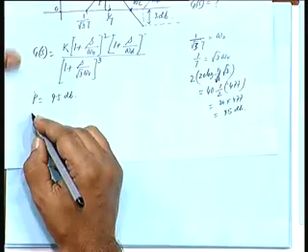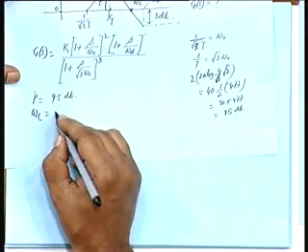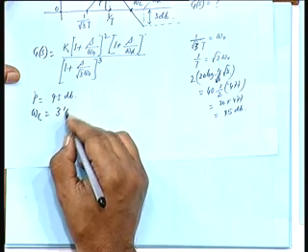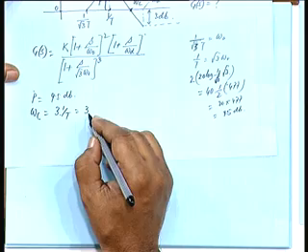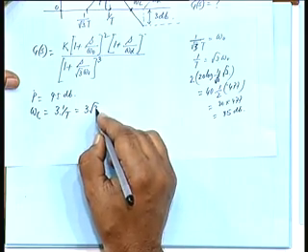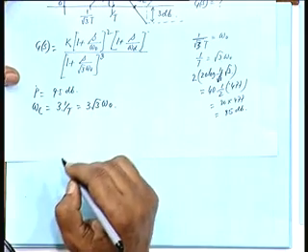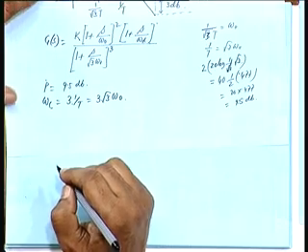So, it will be root 3 multiplied by root 3, is that all right? So, this will be 3 times omega c is 3 times 1 by t, or 3 root 3 omega naught. Is that okay?